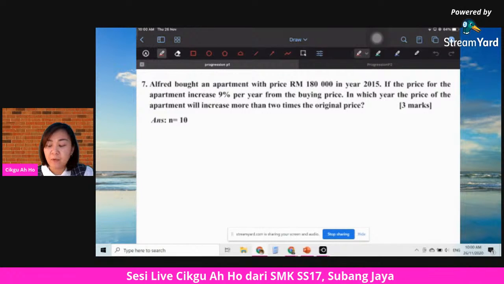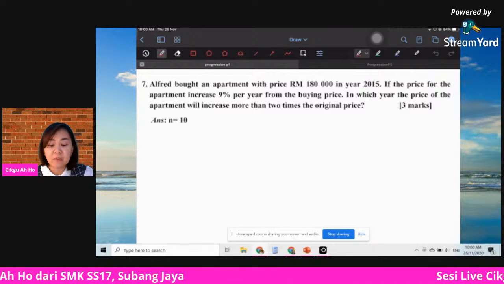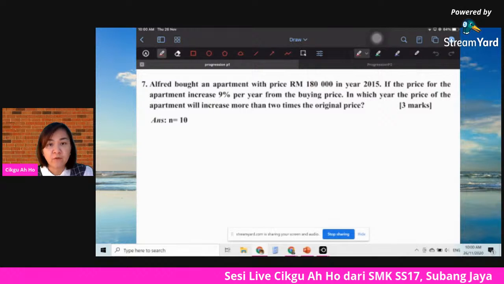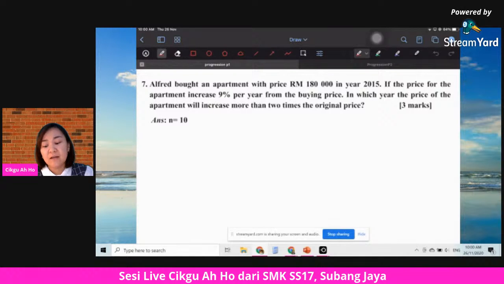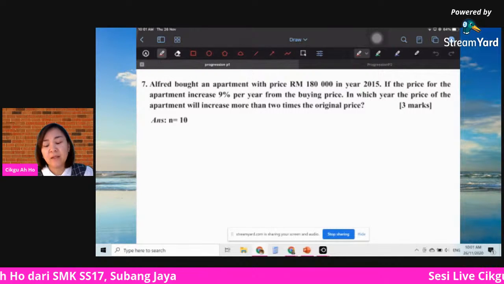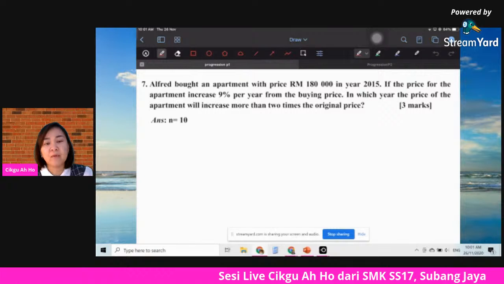In previous Paper 1 questions, when you see 3 marks, normally it will come out in Paper 1. For your information, Form 4 students, in the new SPM format, it is no longer stated which topic will come out in which part.